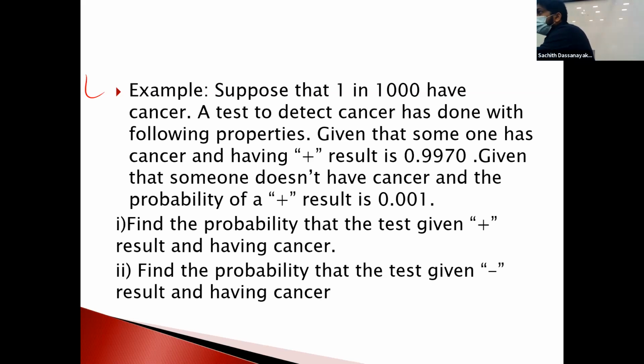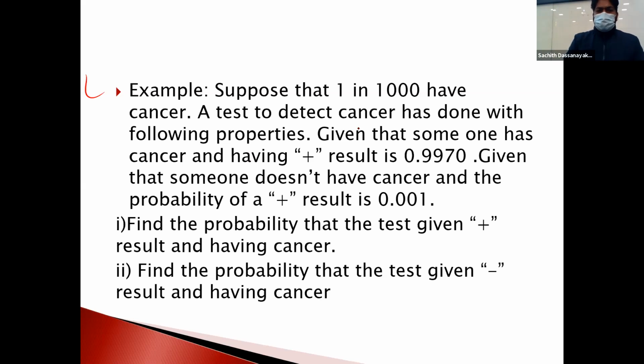But sometimes they have cancer and the result says no. We call that false negative, because we have it, but the result says no. The same thing happens when we don't have cancer, but the result says yes. That we call false positive, because it is positive, but it is wrong. So that idea is in this example.